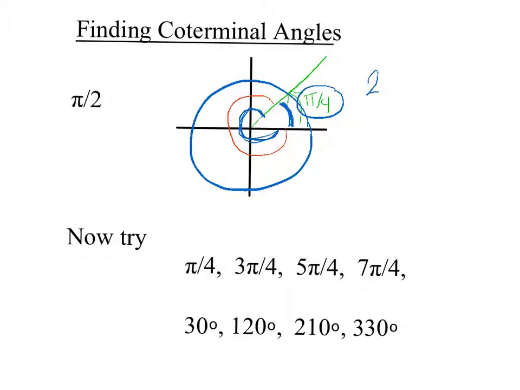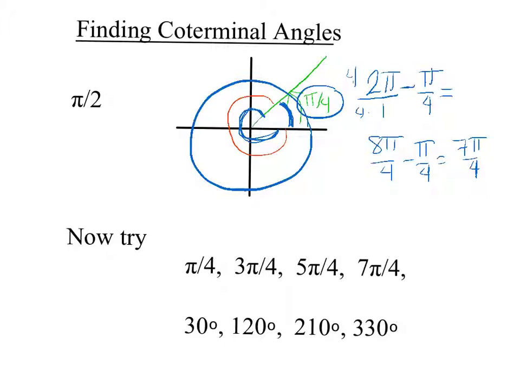So if I had 2 pi and I took away pi over 4, and I get a common denominator, so multiply by 4 top and bottom. Let's see if I can do it right this time. Then I'm going to get 7 pi over 4. But then I have to look, what direction did I go? I went in the negative direction, so I'm looking at negative 7 pi over 4.